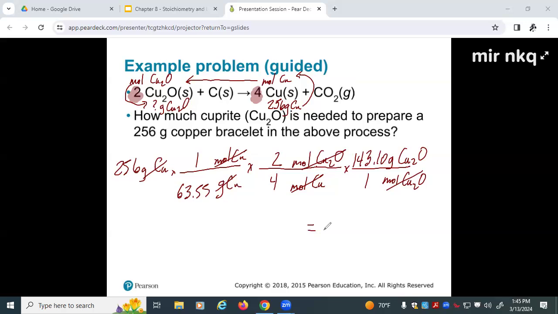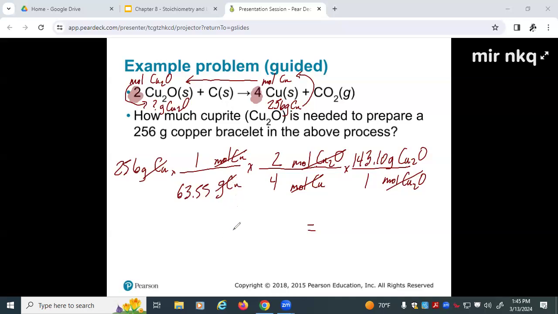How many digits in the calculation this time? 3. Starting with 3, every other calculation here has more than 3. So I'm going to round to the 3rd digit. So my calculator said 256 times 2 times 143.10 and divided by 63.55 and 4.